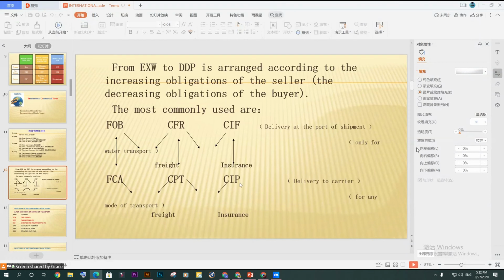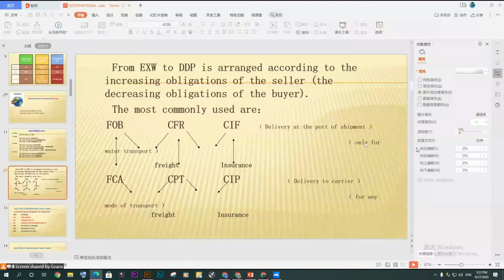That means this Chinese company is importing some products from Belgium. So we can use the different names after these terms to find out which country is the exporting country and which is the importing country. So this is FOB.